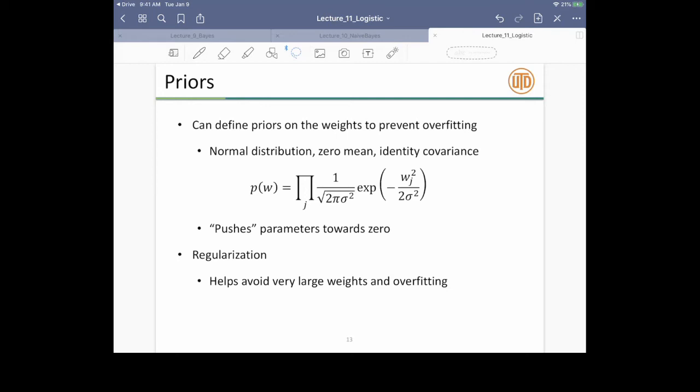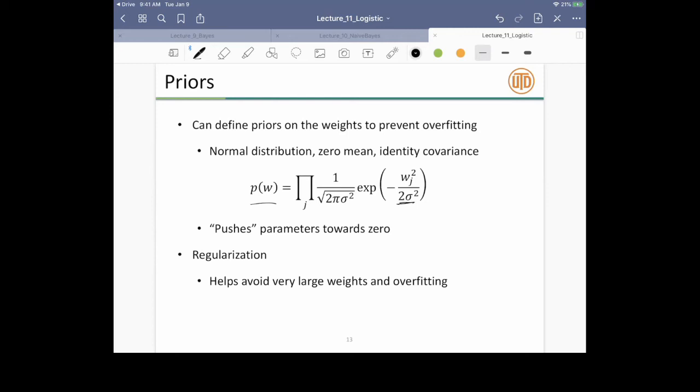Okay. So we can also do a prior distribution over here. And the prior distribution now is a prior distribution on the weights, right? Basically the weights and the bias. So one form of a prior distribution is to assume that the weights have a zero mean, for example, right?